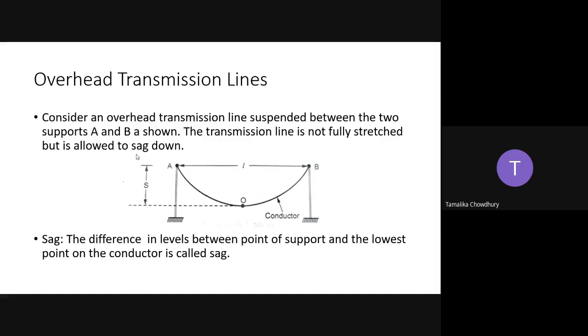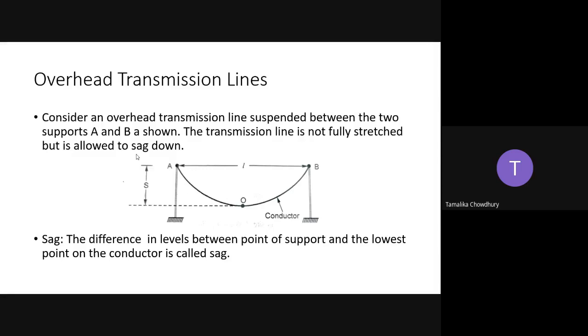You can see the diagram. This is an overhead transmission line suspended between the two supports A and B, the supports that I was just telling, a component of the transmission line. Between those two supports, A and B, the conductor is suspended.